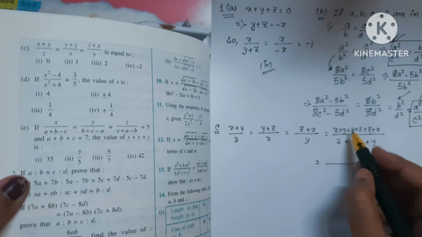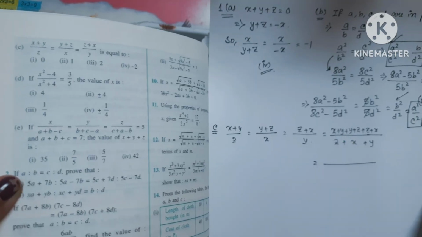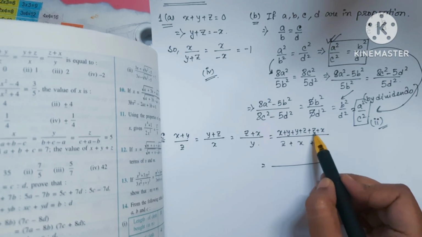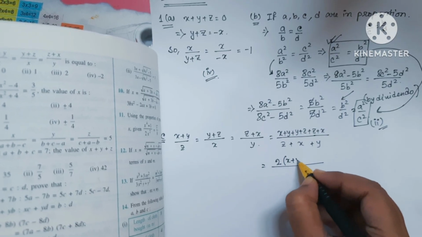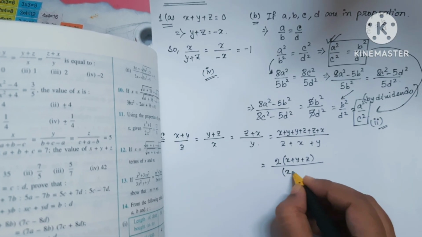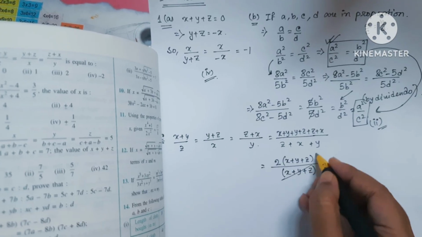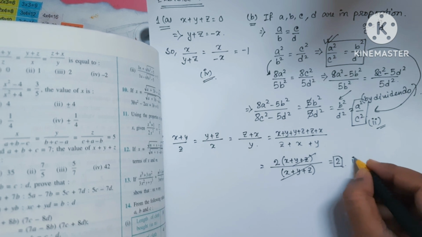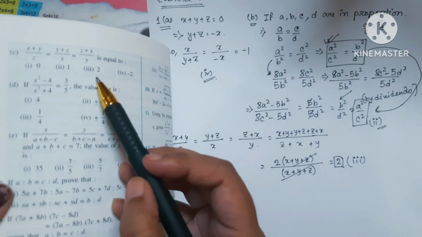Okay. Now that means, see here, x plus x 2x, y plus y 2y, z plus z 2z. So 2 into x plus y plus z. And here x plus y plus z. So you can cancel this term and 2 will be the answer. Okay. So option 3 is the correct answer. See this one. Option 3 is the correct answer.